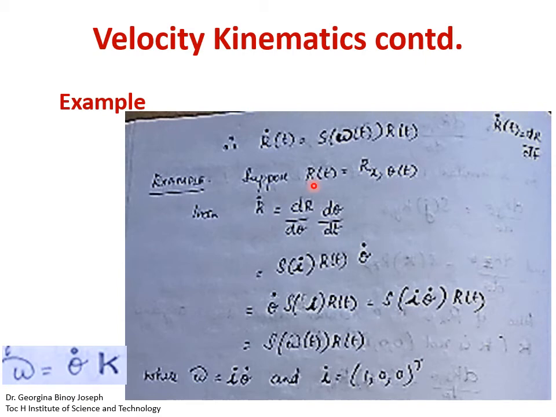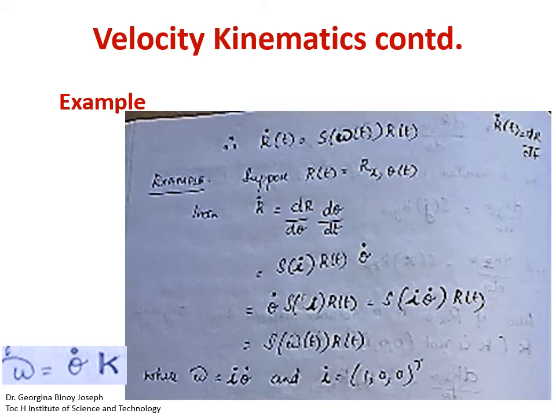So suppose R of t is equal to R_x(theta of t). So this is a rotation matrix, rotation about the axis x through an angle theta. So R dot, that is the time derivative, can be written as dR by d theta into d theta by dt. R dot is actually dR by dt. This is written in this form.